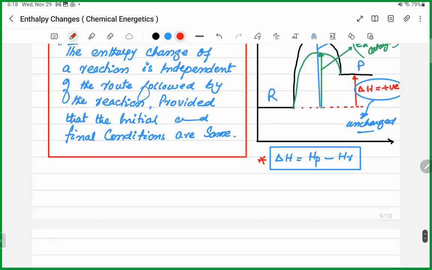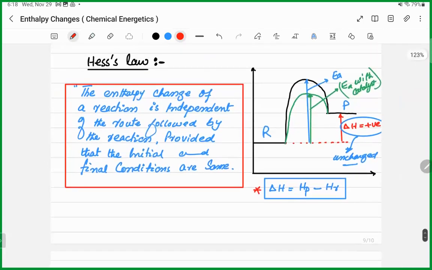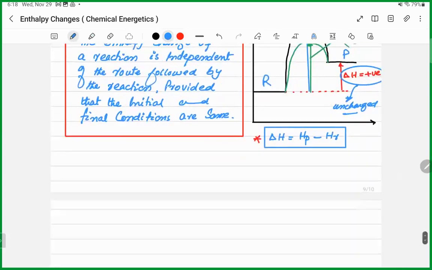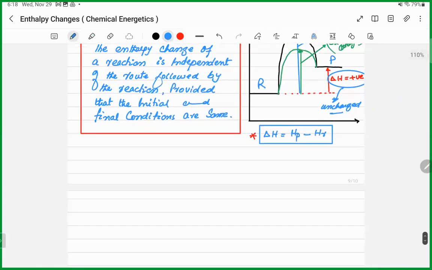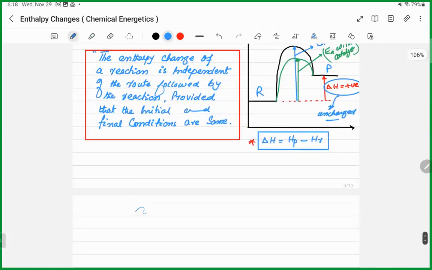I hope you copied it down. लिख लिया ना? Right. Now we have a chemical reaction. In this chemical reaction, let's suppose these are the reactants. एक general reaction लिख रहा हूं.